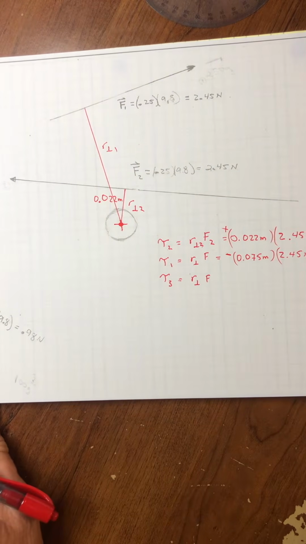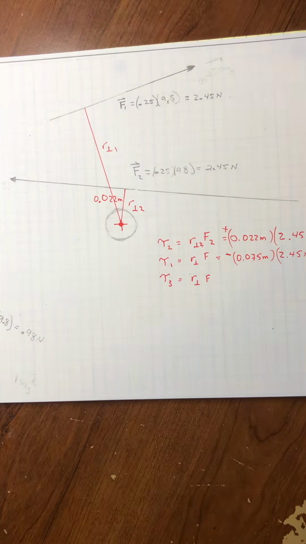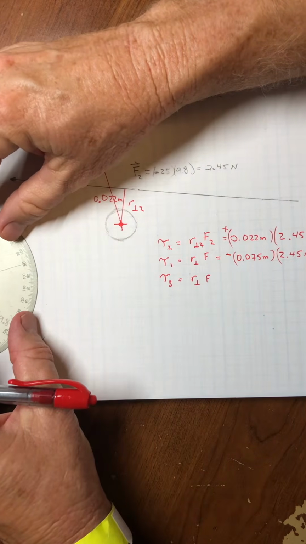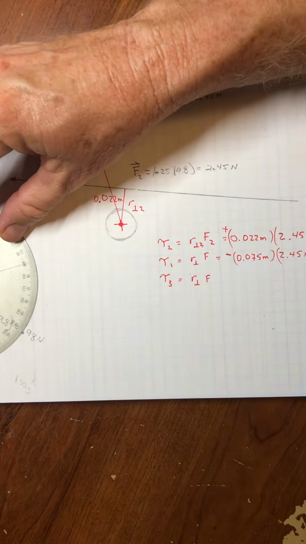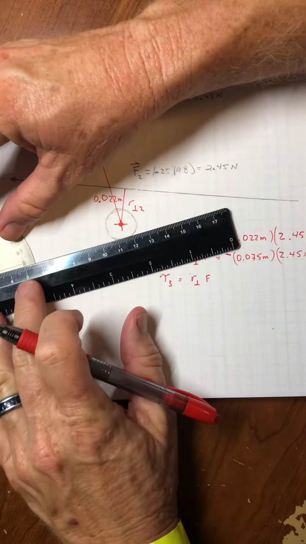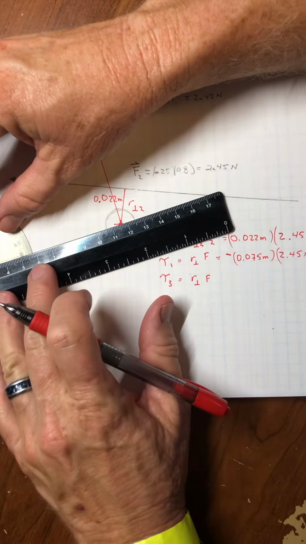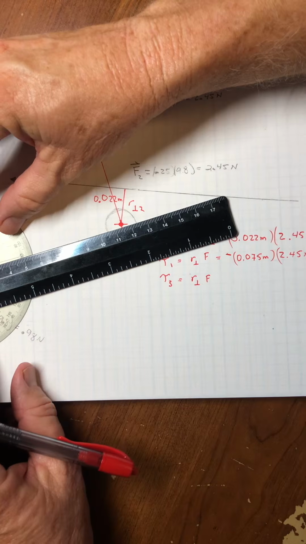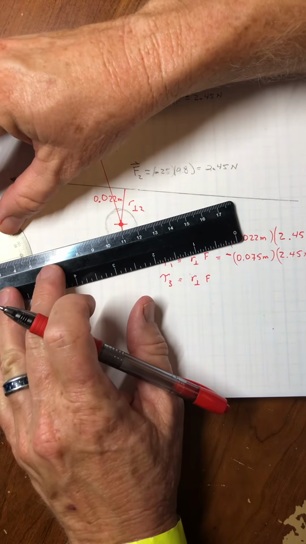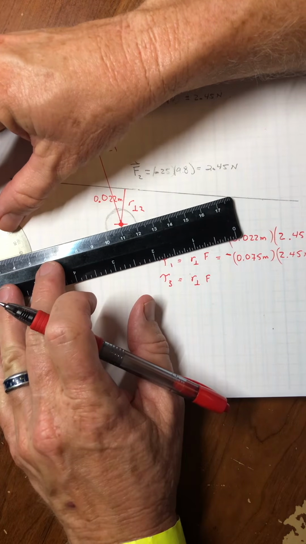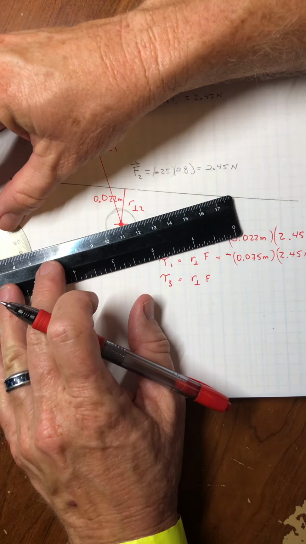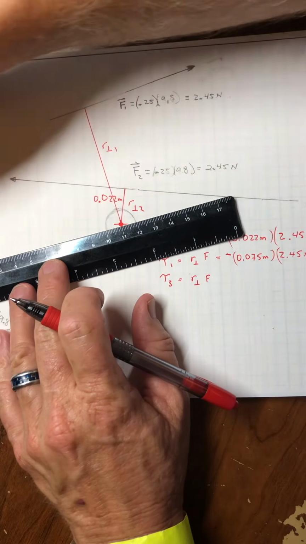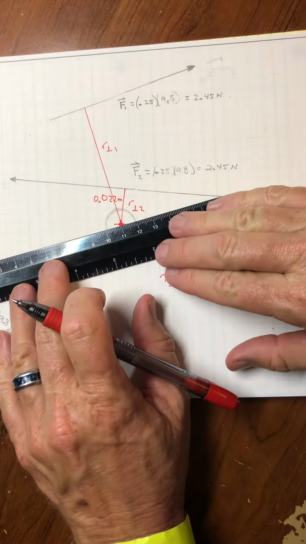Okay, so the third torque would again be the perpendicular distance to this line of action. So maybe we're looking at something like this.